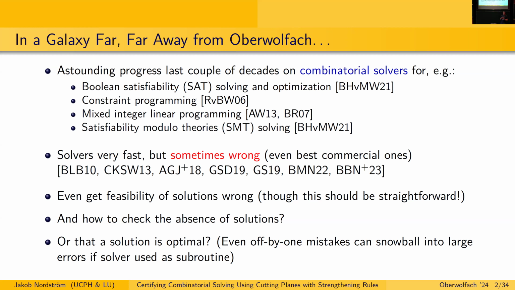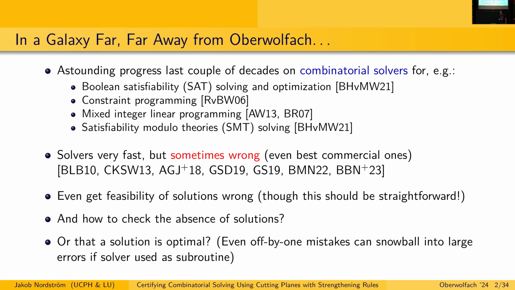And I think it's a very interesting question, if we want to understand computation in a real world sense, to understand what systems like cutting planes, polynomial calculus, and resolution really can do, because apparently they can do amazing things. But all is not well.